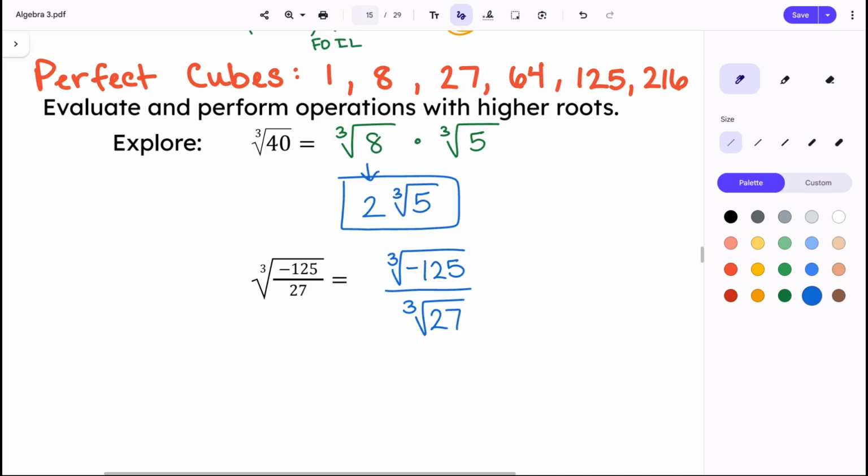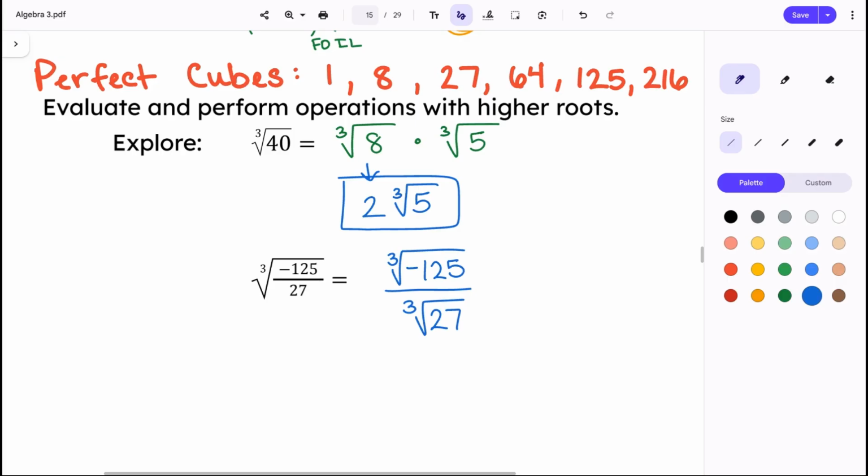Okay, now yesterday we talked about how we won't see negatives underneath the square roots because we're not dealing with imaginary numbers, but you might see negatives show up underneath something like this with the cube root. Because if you take a number times itself an odd number of times, then you are going to get negative numbers. And that's okay, because I could think about what number times itself 3 times would get me negative 125.